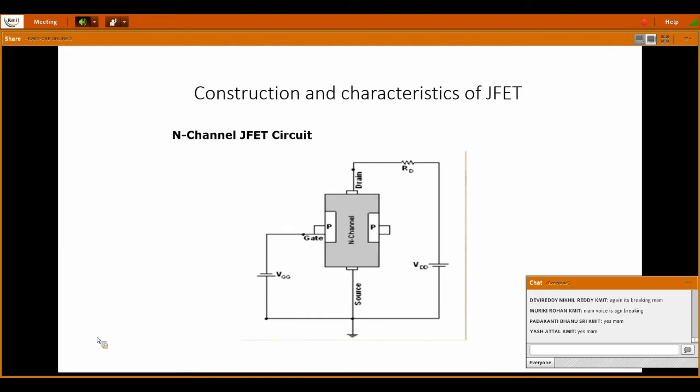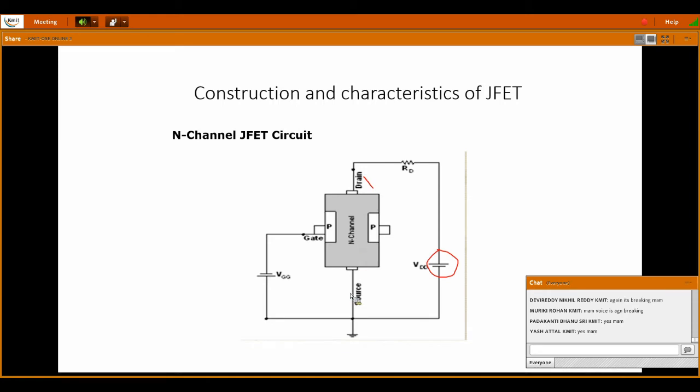Okay, see here, the drain part is connected to the positive terminal of the battery, and the source part is connected to the negative terminal of the battery.